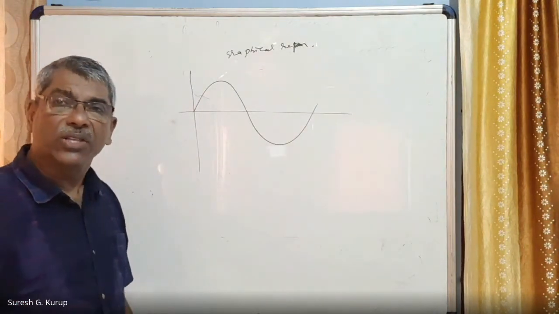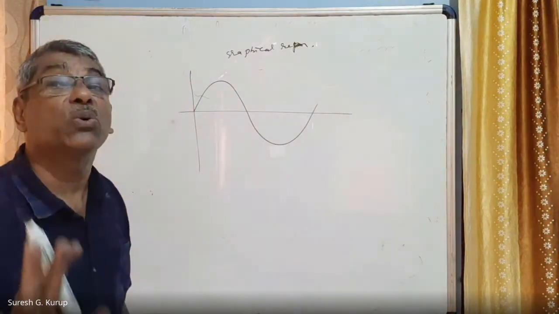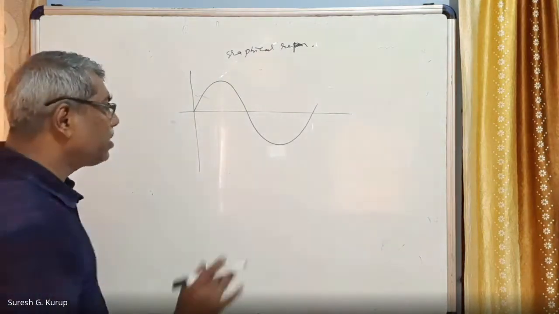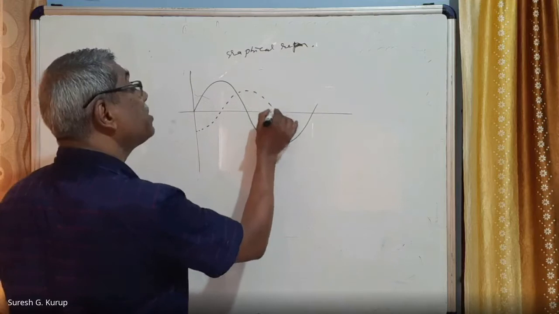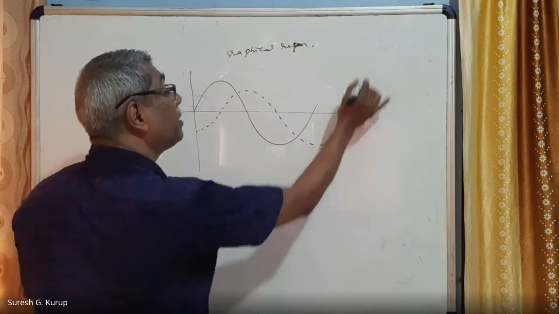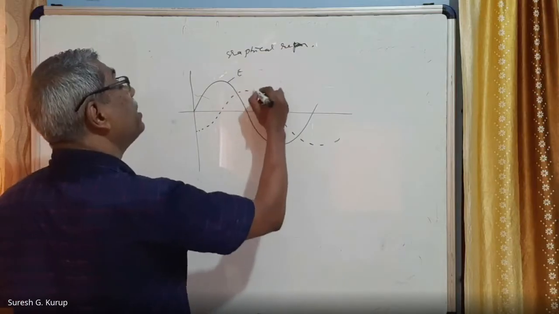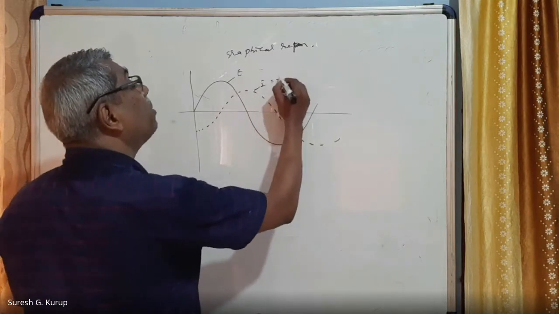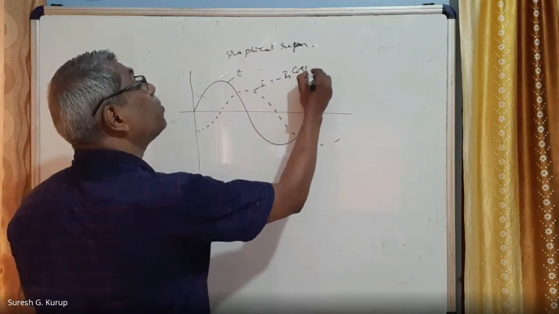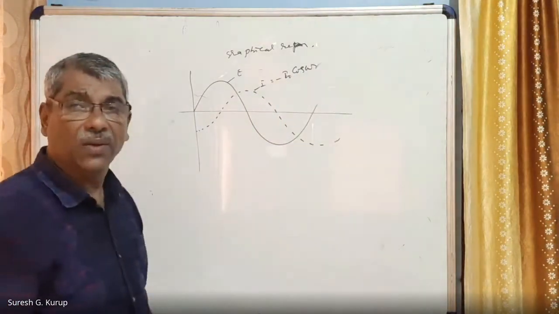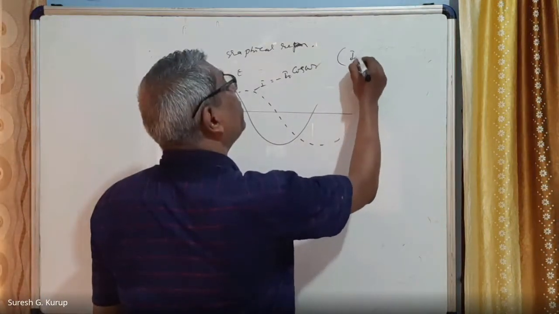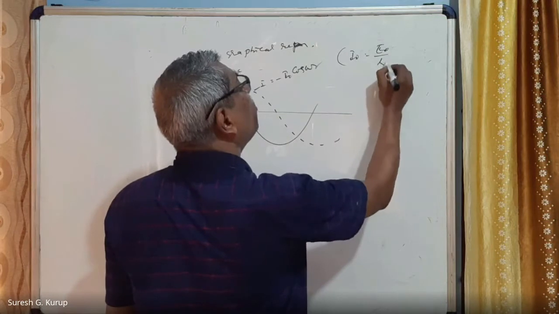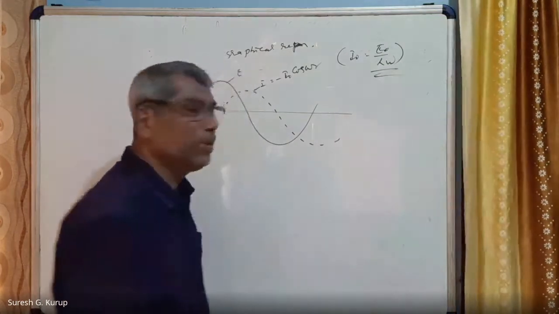And the current is equal to minus I0 cos omega t. This is minus I0 cos omega t. Right? This is E and this is I. I is equal to minus I0 cos omega t, where I0 is equal to E0 by L omega. Always remember.